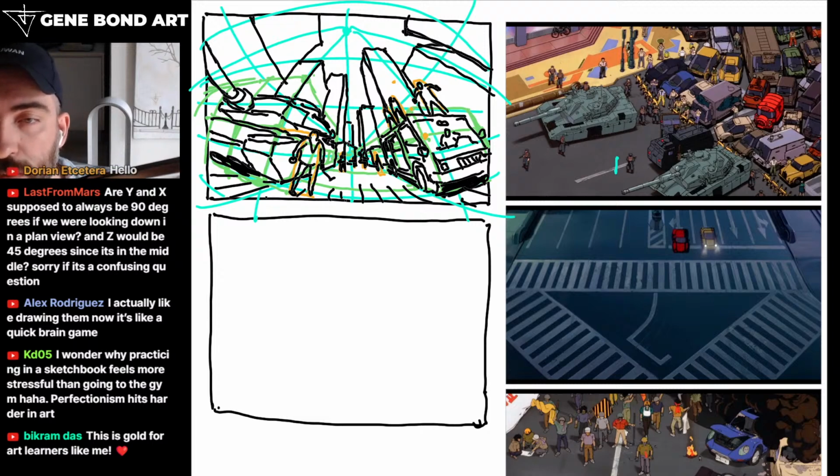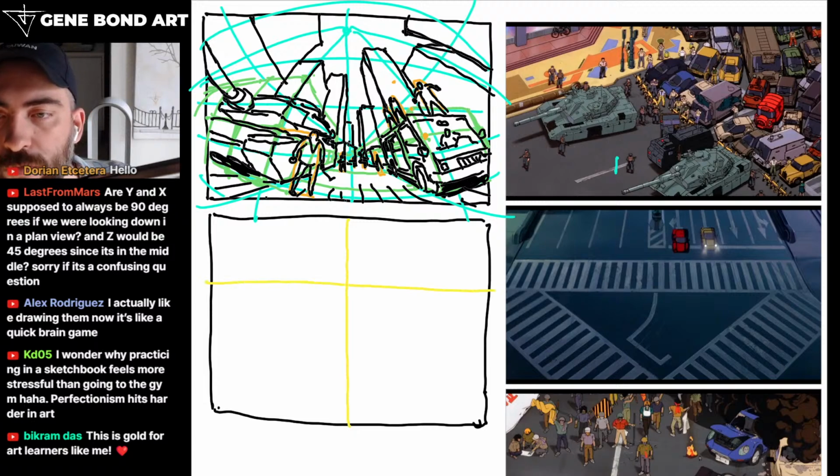So now let's say, what other angle can it be? Let's make 1 point perspective, for example, or 1 point fisheye. Maybe I will start with yellow. Let's do it like this.